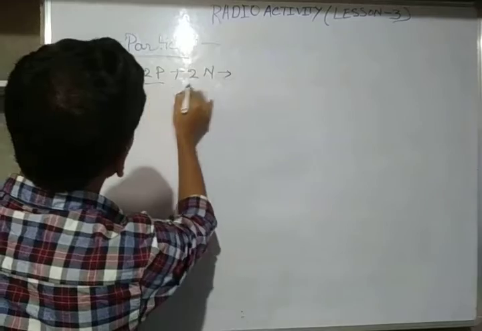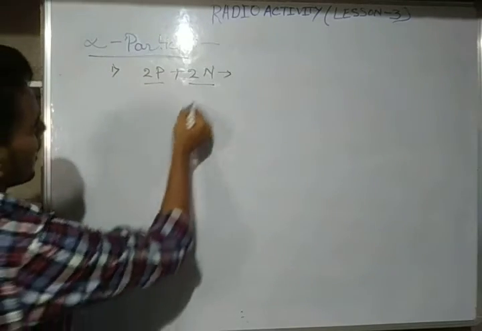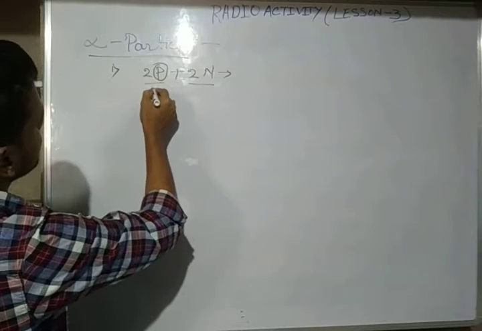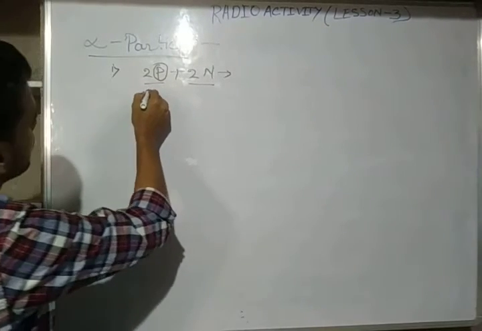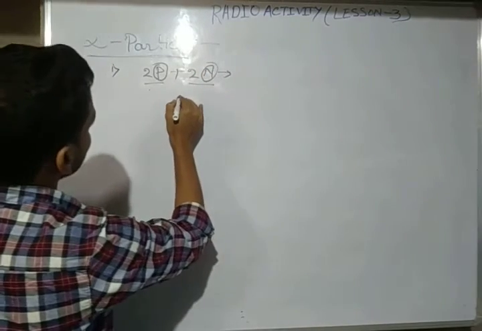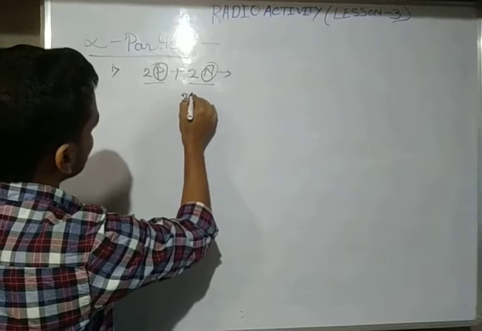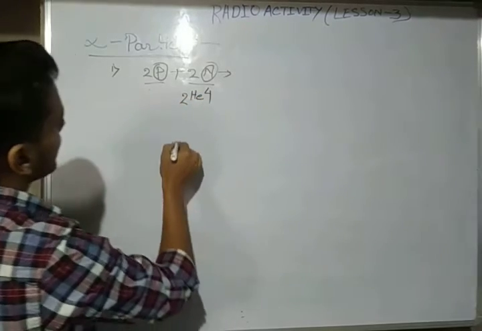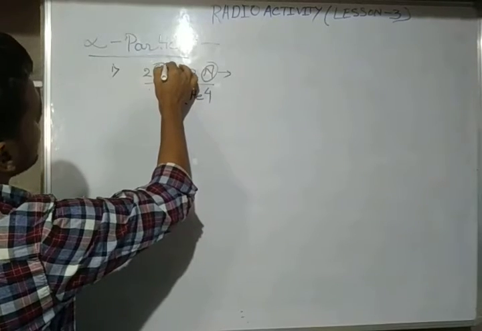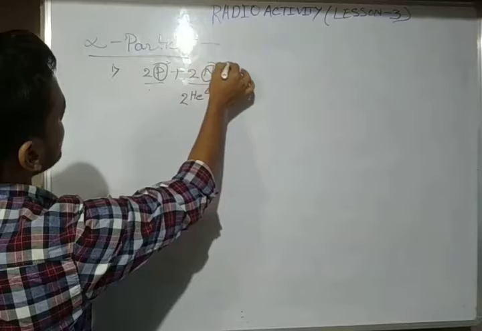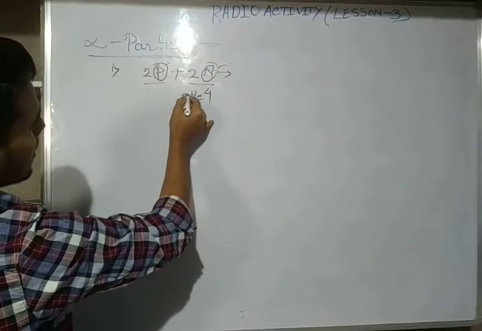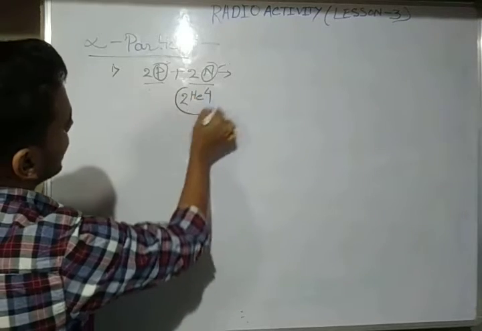As it consists of 2 protons and 2 neutrons, and a proton has 1 positive charge, the alpha particle has 2 positive charge, and the neutron is chargeless. It is denoted by 2He4, because one proton mass is 1 and one neutron mass is 1, so 2 protons plus 2 neutrons, the mass number becomes 4, and it is denoted by a helium atom.